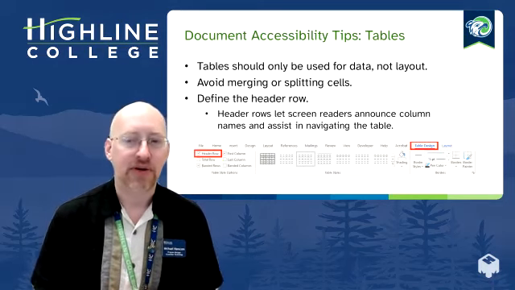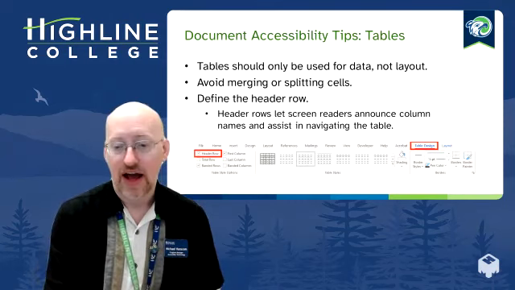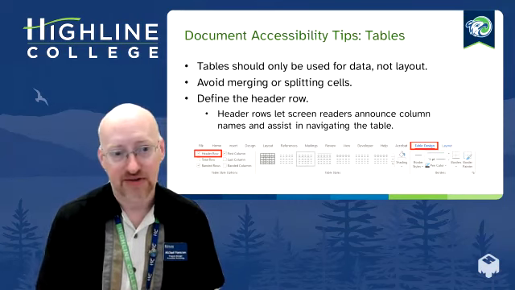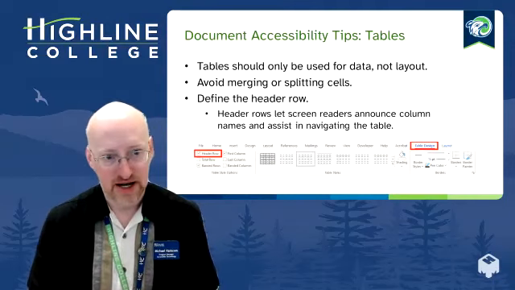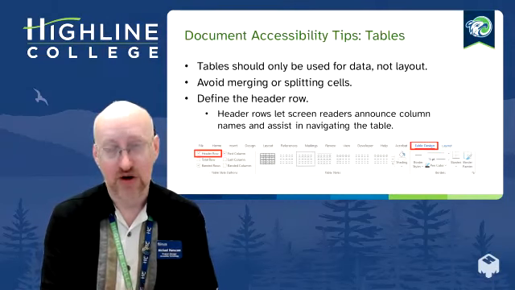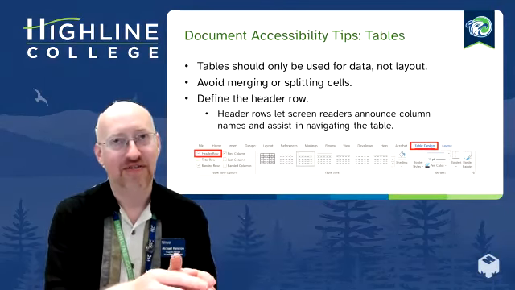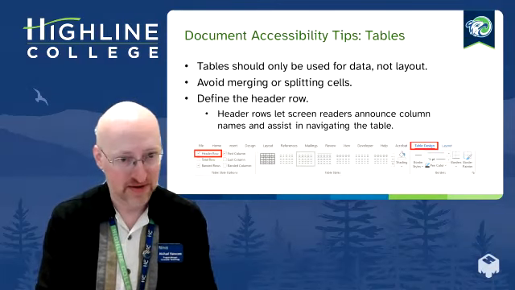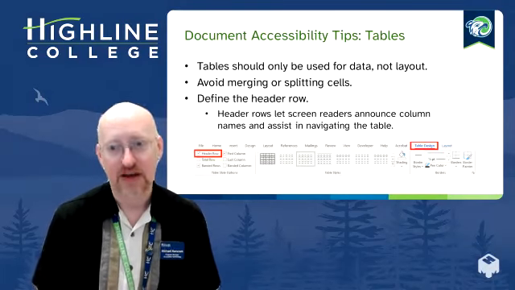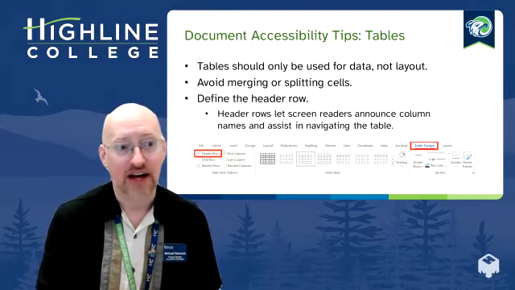Backing up a little bit, one of the reasons not to use a table for layout is that as screen readers go into tables, they say table 1, cell 1, and then they read out the data. Cell 2, they'll read that out. When you're using a table for layout, you end up getting all that extra information.